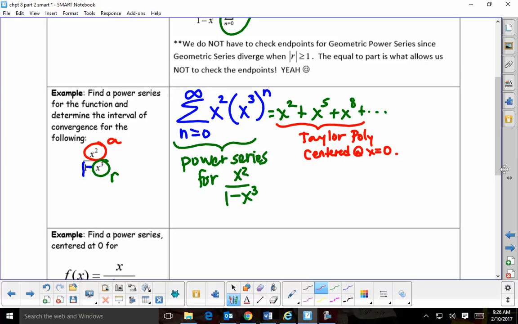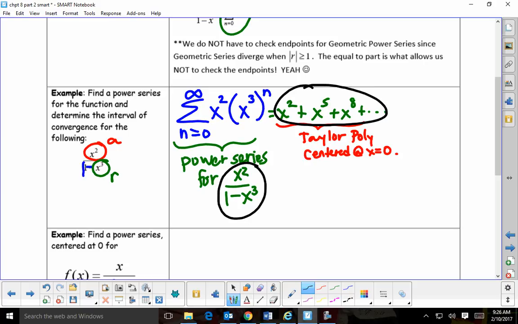Okay, so that power series is a representation of a Taylor polynomial. So basically we are saying that this function right here and this right here are going to do what? They're going to converge.